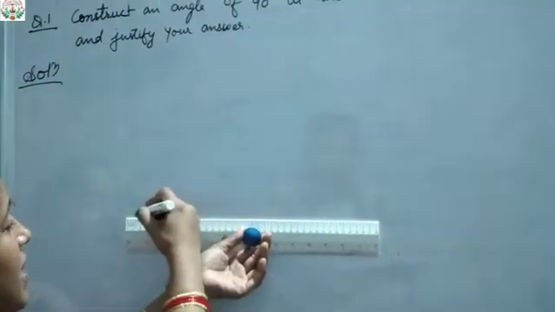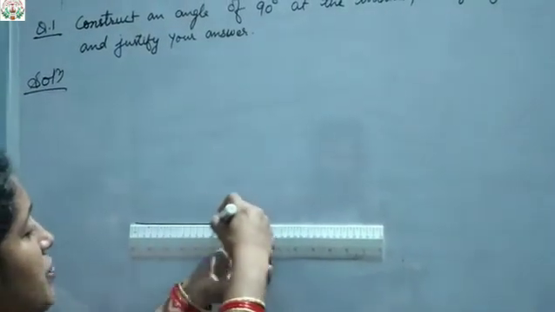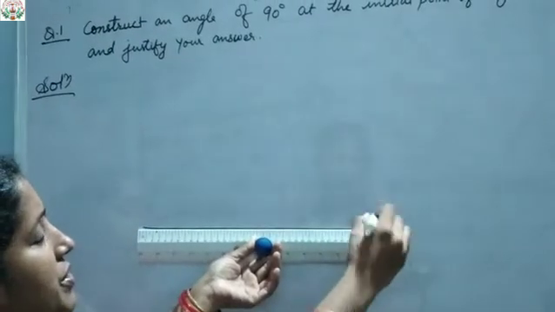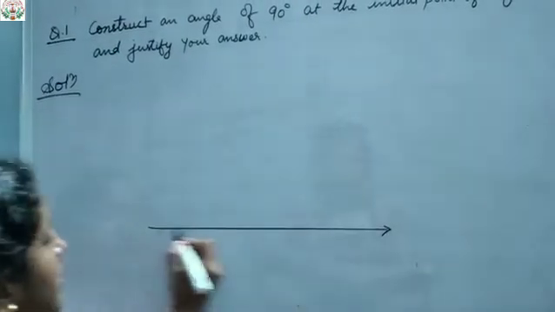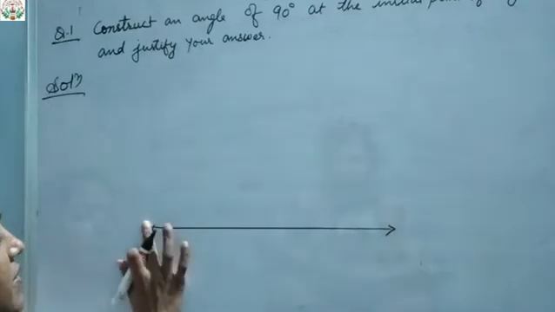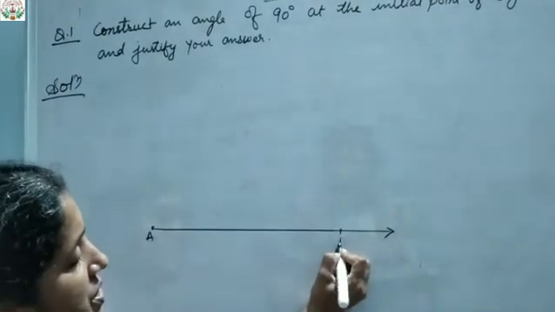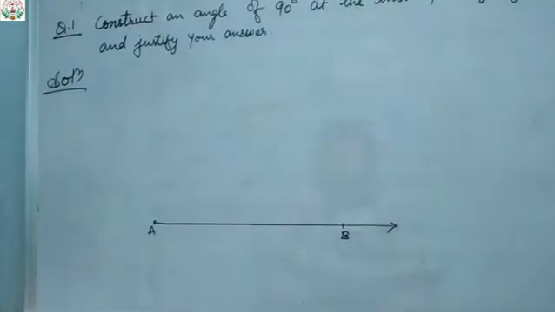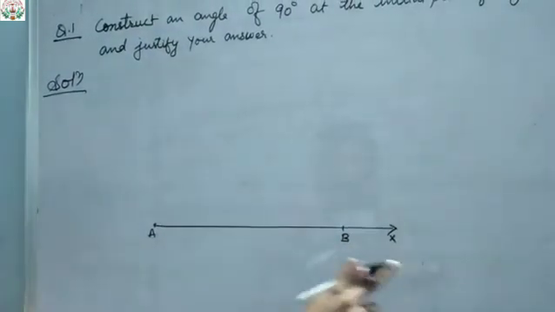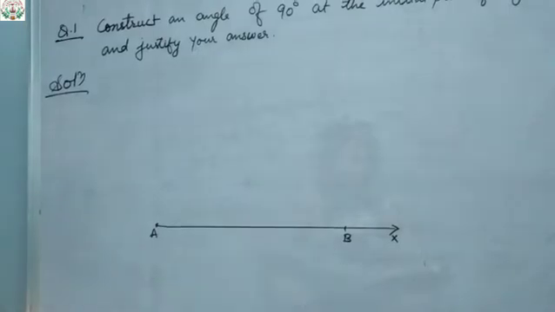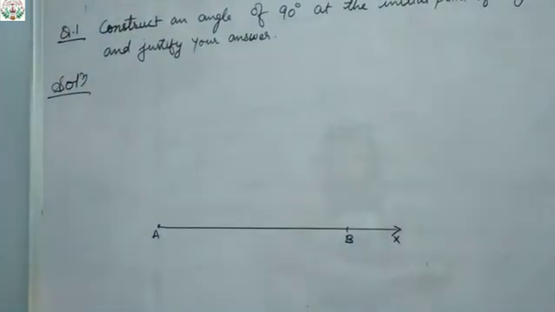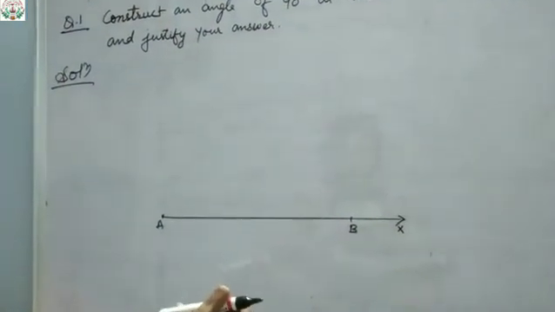Ray means a line which has an initial point but no end point. So this is a ray. Suppose the initial point is A, this point is B, and this is X. AX is a ray. AB is a line segment.